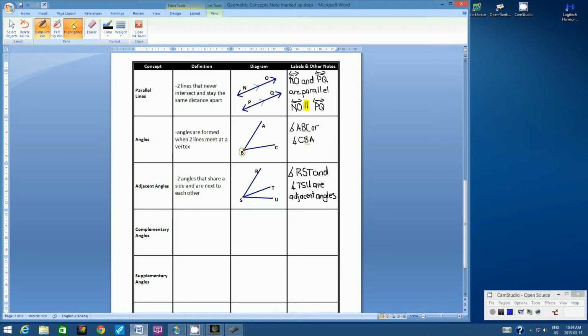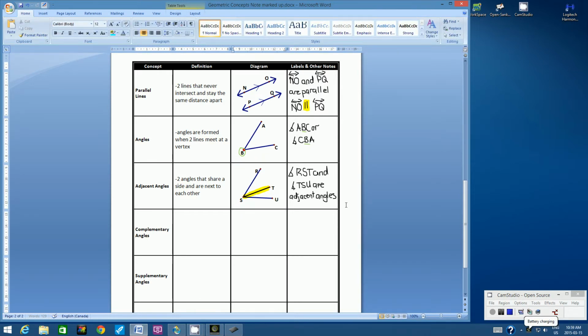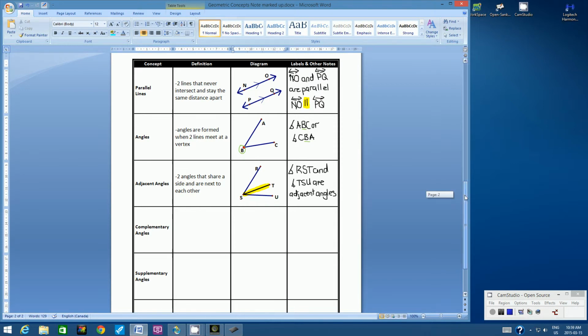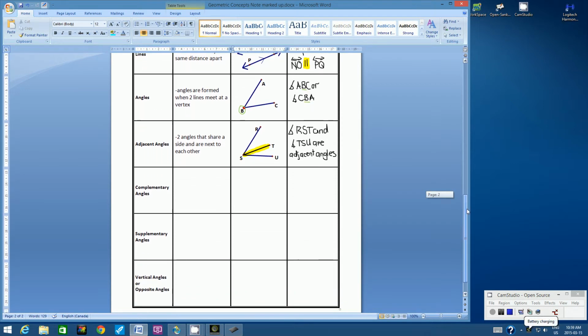And I'm just going to highlight one thing. They are adjacent because they share this line segment here, ST. Angle RST and angle TSU are adjacent angles. Okay, let's move on to the next one.